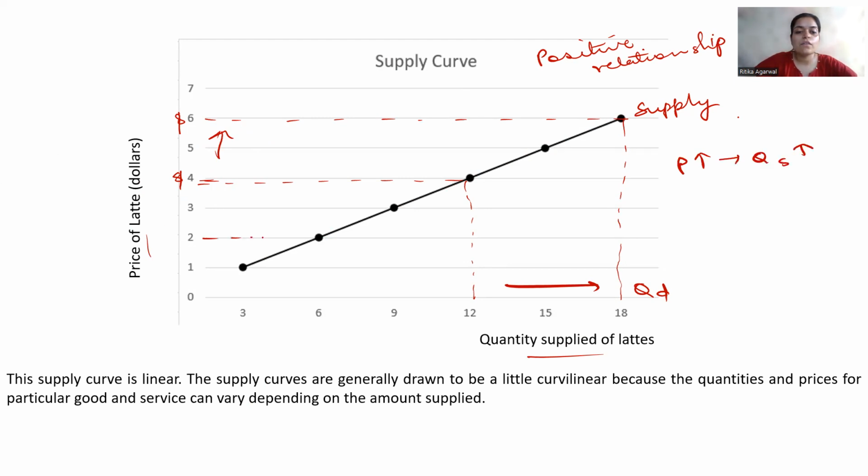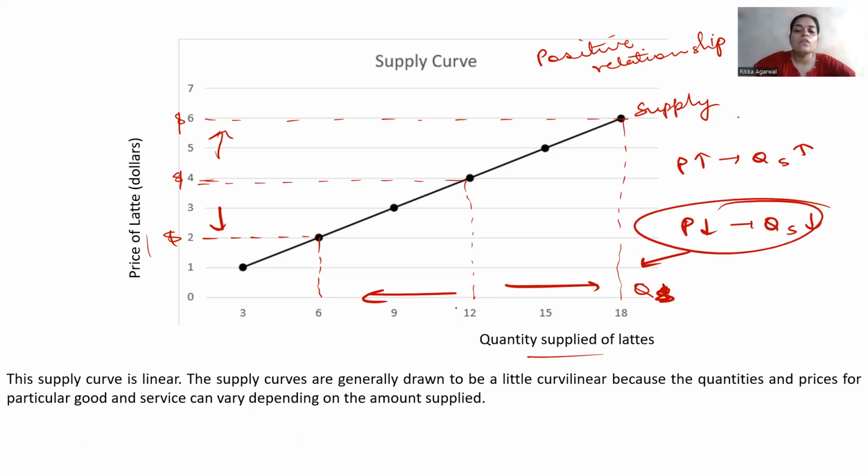Now, conversely, if the price becomes $2, price falls, the quantity also decreases from 12 to 9. That is the quantity, sorry, not demanded, supplied. So price falls, quantity supplied falls as well. This is called a supply curve, and we can say that the supply curve is upward sloping.